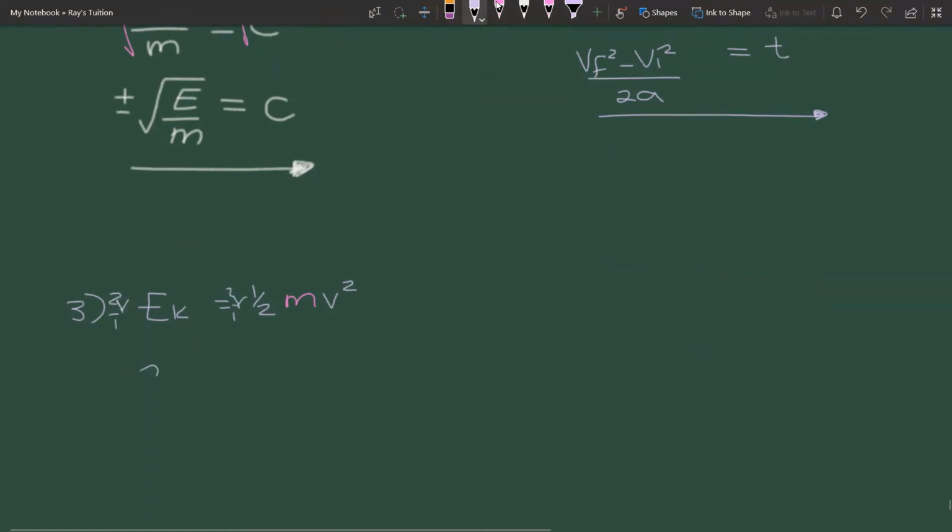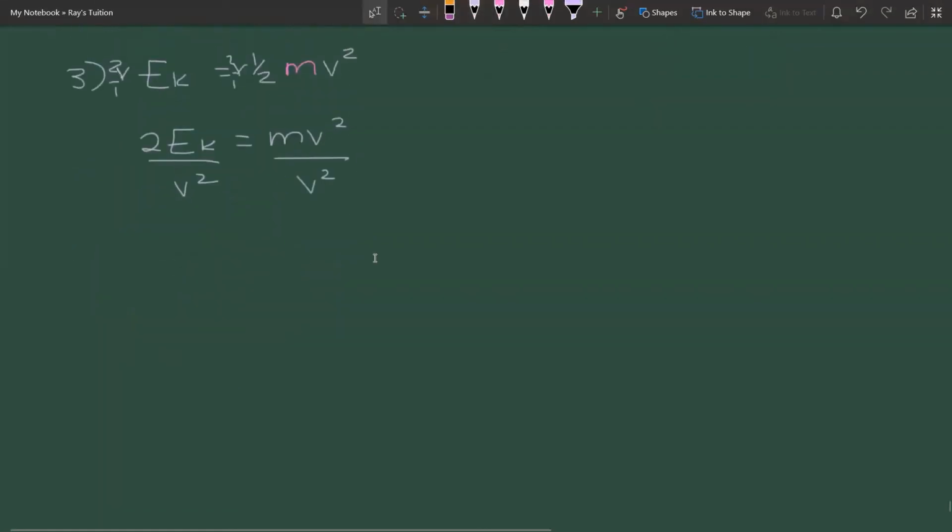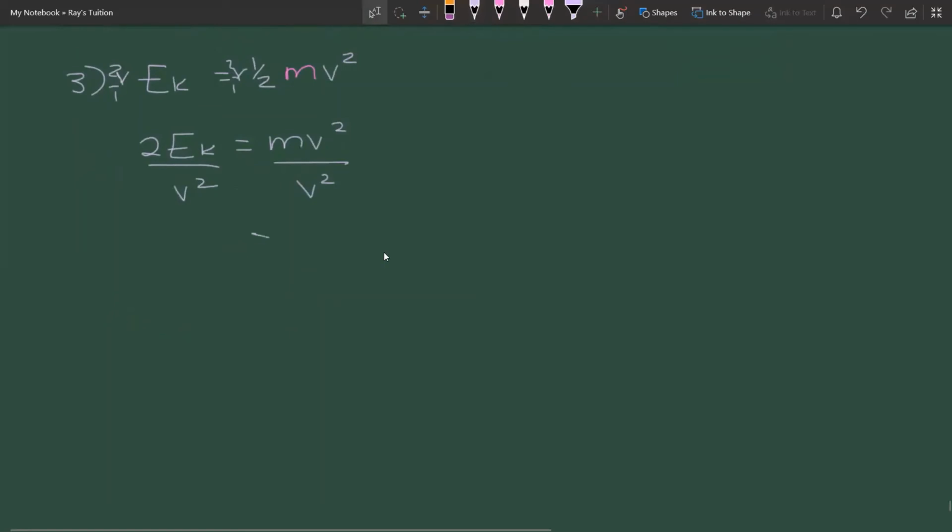When we do, we get 2EK is equal to MV squared. Then to make M the subject, we're going to divide both sides by V squared. Finally, the V squareds cancel and M is by itself, which is what we want, and it's 2EK over V squared.